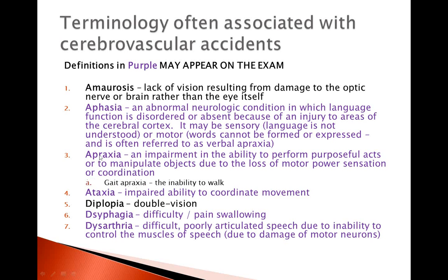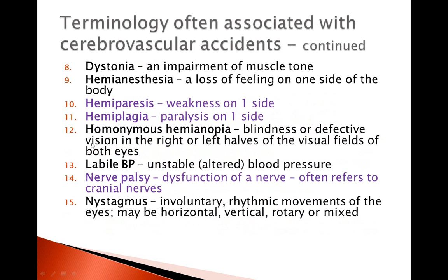But again, just what's in purple are the terms. I tried to narrow it down a little bit. So here are some other terms. Just the ones in purple are the ones that you'll be tested on. Other ones you may see in reading and so forth, but the purple ones are the ones that show up on the exam. All right, and that takes you through that unit.